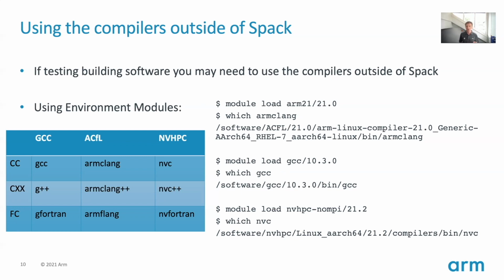And then all you need to do is look at your makefiles for the workload you're building and set up the variables in that makefile correctly to use that compiler. There's a table here listing all of the different binary names that GCC, ARM Compiler for Linux and the NVIDIA compiler use when you're compiling each of C, C++, and Fortran.